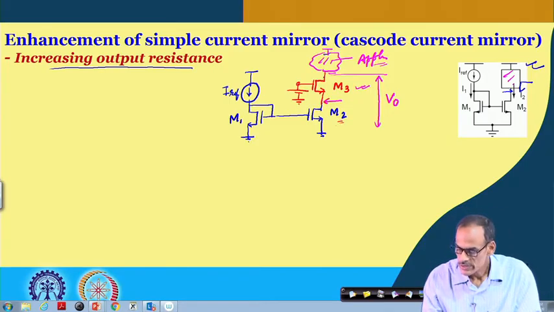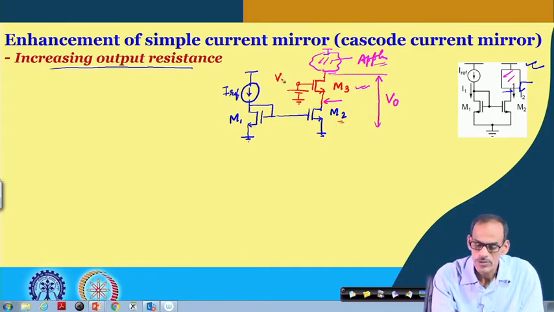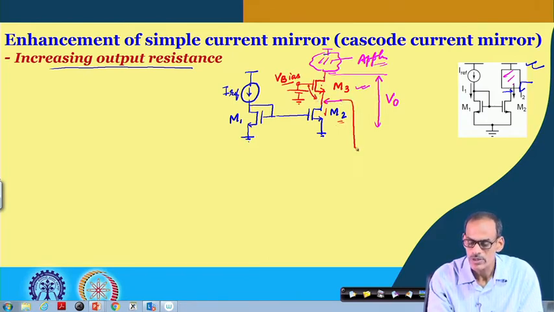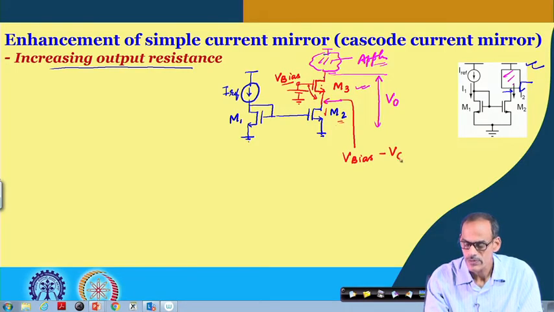So, based on the gate bias, V bias, the current flow here and the size here, the VGS of transistor 3 is set. So, the voltage coming here is essentially V bias minus VGS of transistor 3, and this VGS of transistor 3 hardly depends on the output voltage.